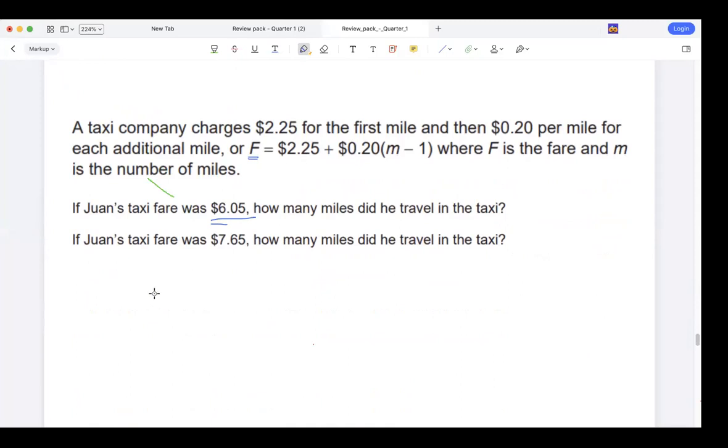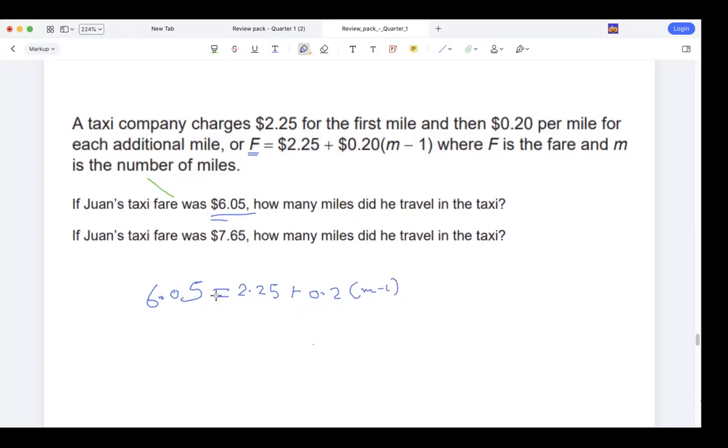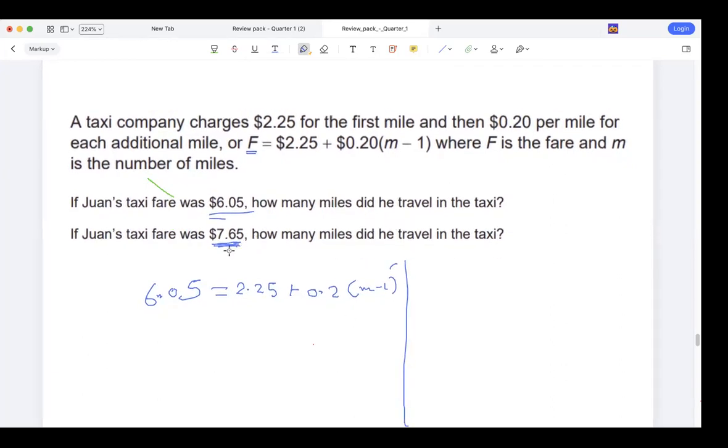So 6.05, because this is the fare, equals 2.25 plus 0.2 times m minus 1. Okay, you will solve this as you solved in 7.2 in the fractions. And the same idea here. The second question, you will do another question for the other situation.